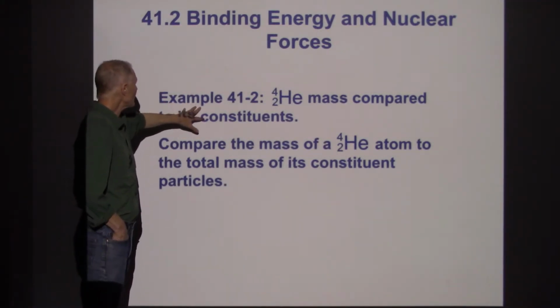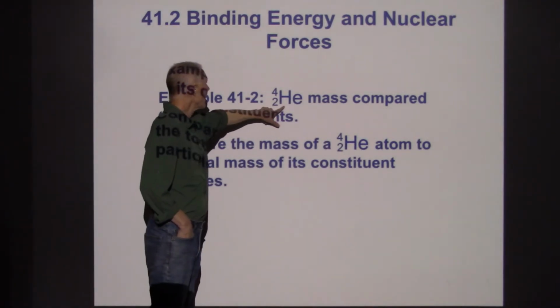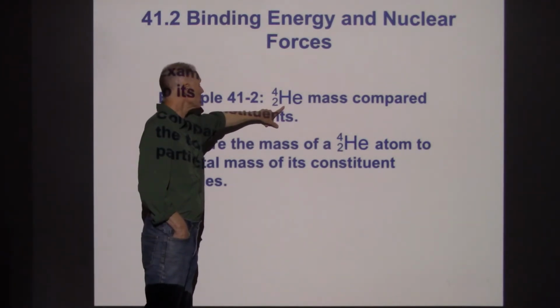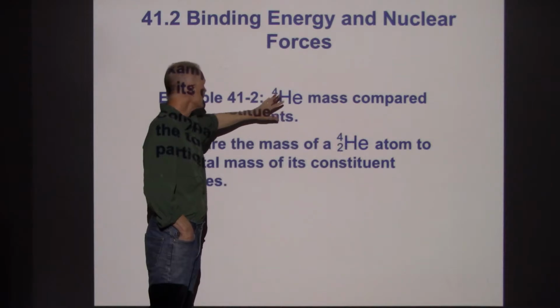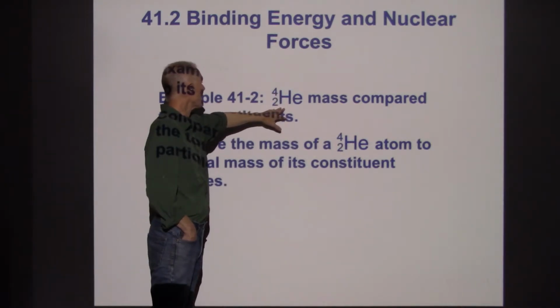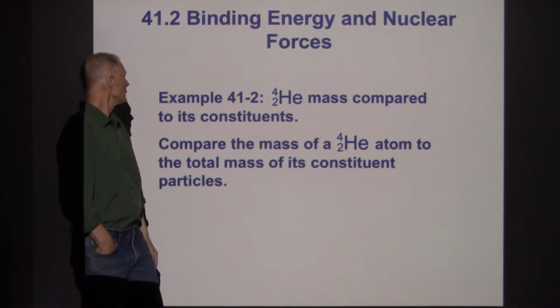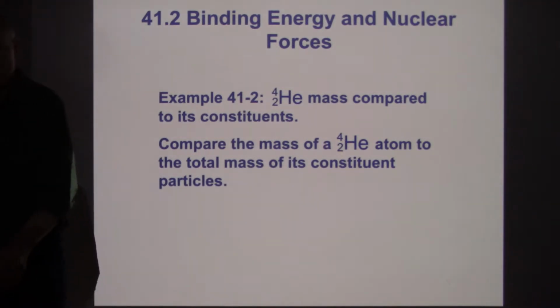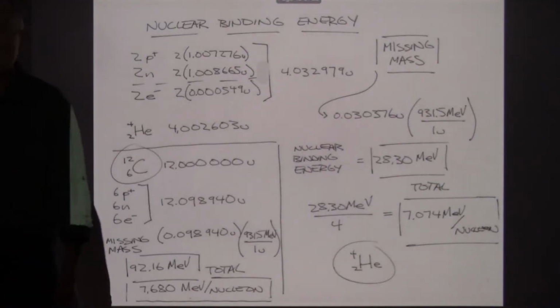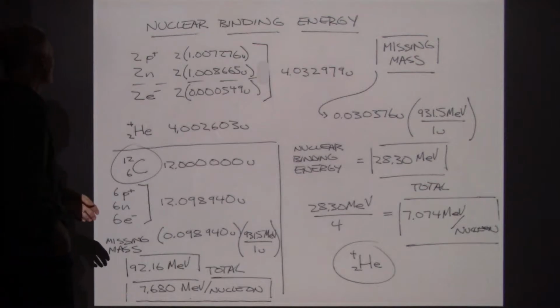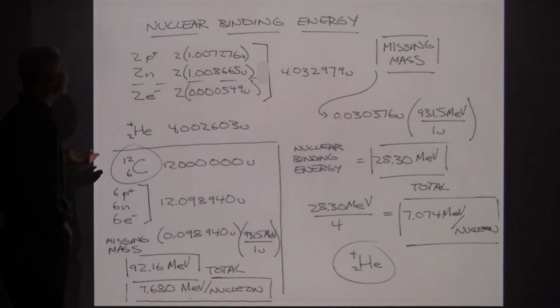The example we're going to look at first is a very common isotope of helium. It makes up most of the helium that we encounter. That's helium-4. How does the mass of helium-4 compare with its constituents? Now, what are the constituents of helium-4?